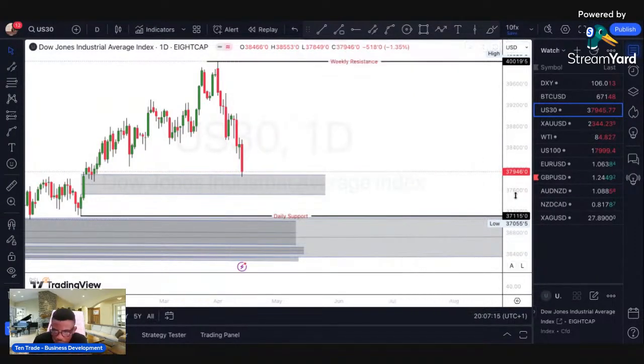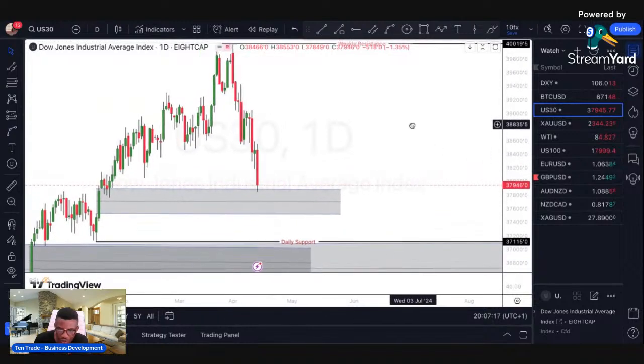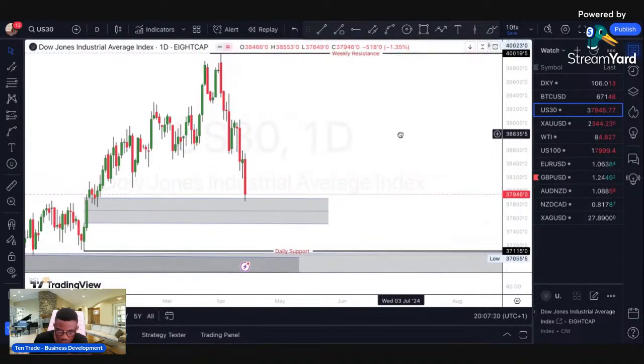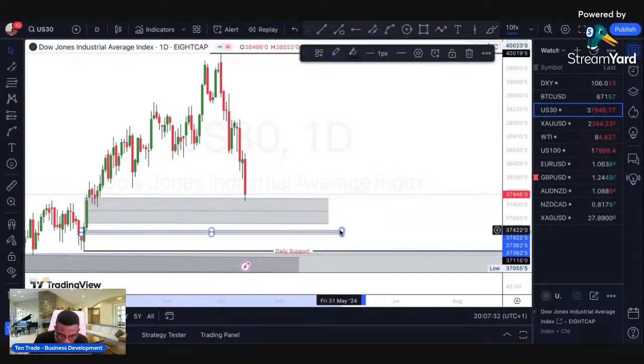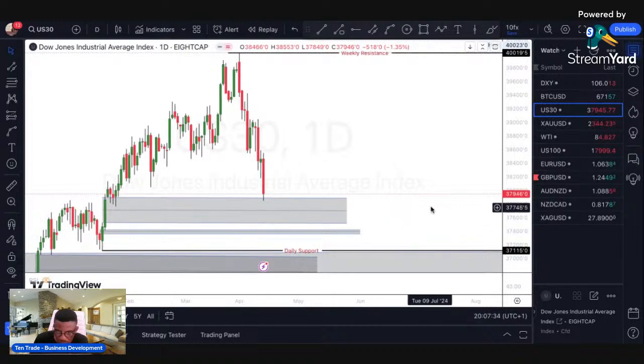All right. We really like the way the price is coming towards the daily support, and we've seen an imbalance here. We've seen another imbalance here, coinciding with the other block. Yes.